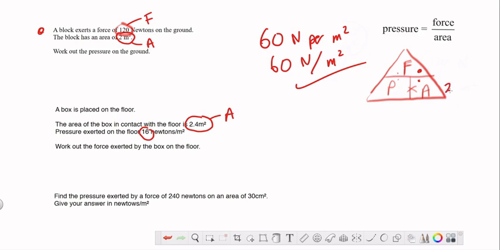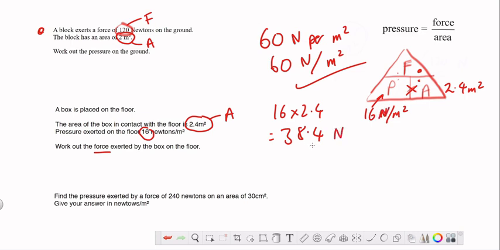Obviously we need to times these two numbers together. 16 times 2.4, I'm going to use a calculator for this. I get 38.4. I've just worked out the force, so that'll be 38.4 newtons.